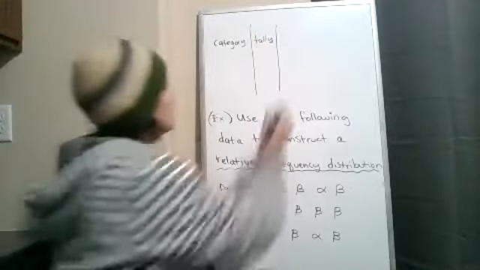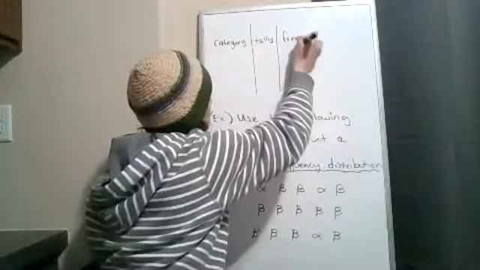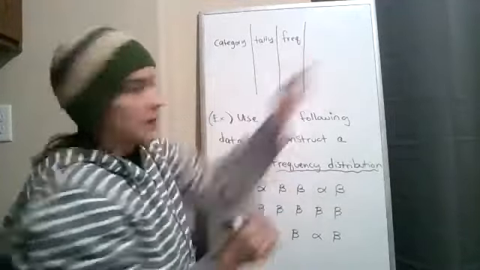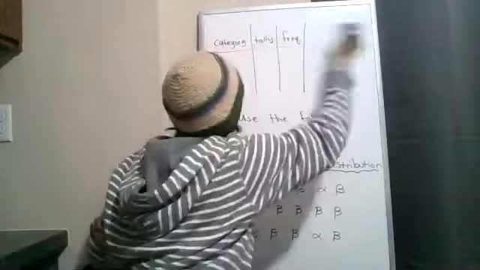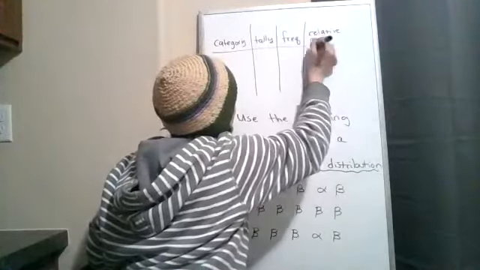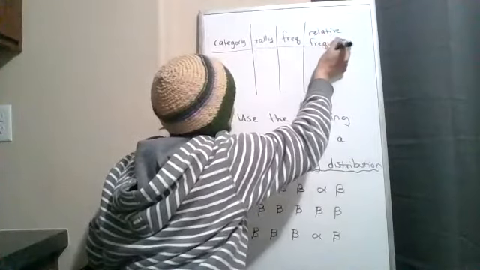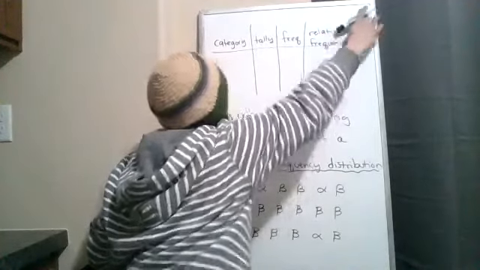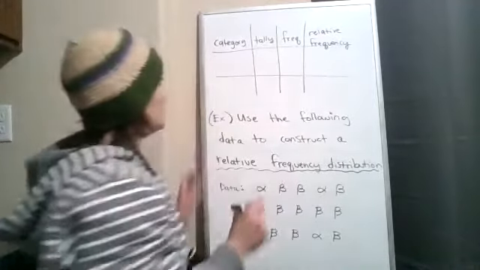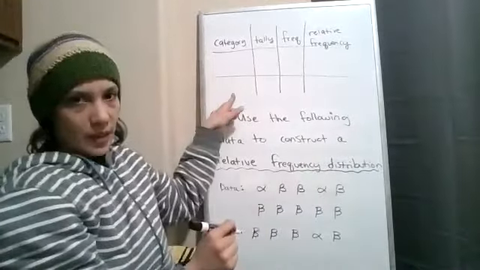Get your frequency. And then now we have relative frequency. Alpha or beta are your possible values.